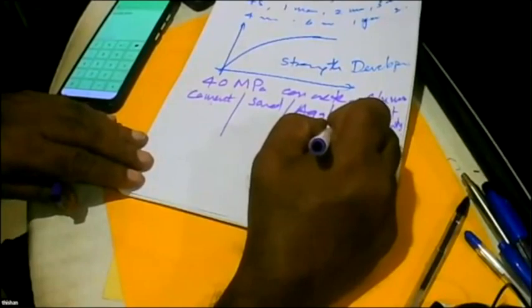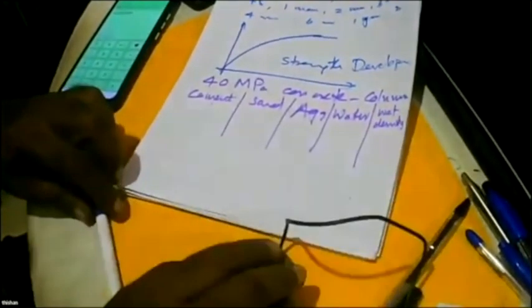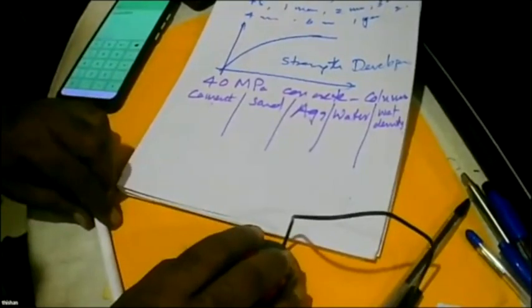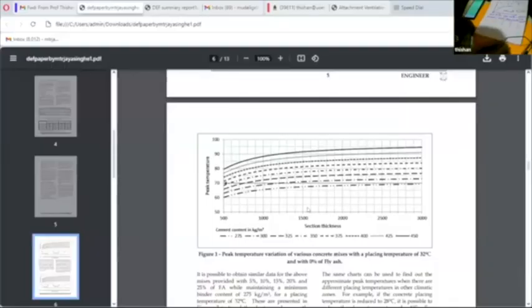Why? Because it's going to help me, especially since some of these columns can be 1.2 meter by 1.2 meter. When you have 1.2 by 1.2 sections, like if I share the screen, you can see the maximum cement content has to be 300.